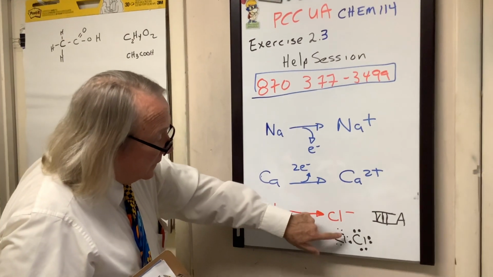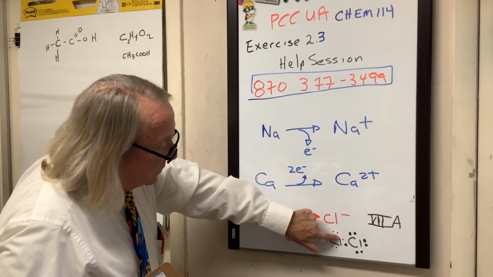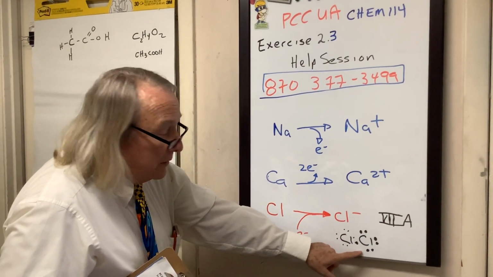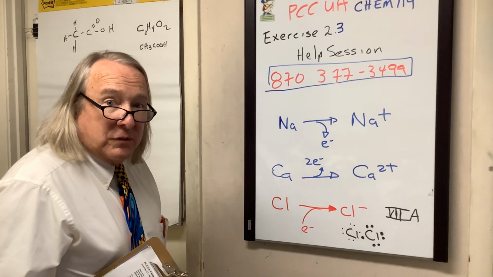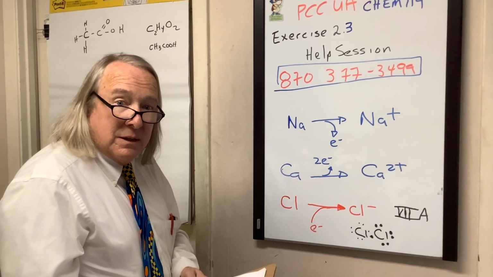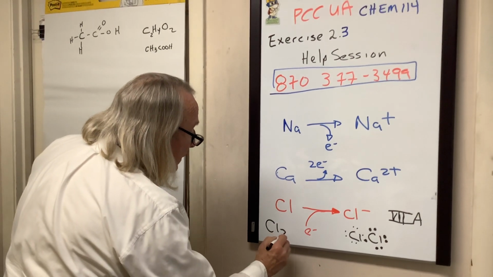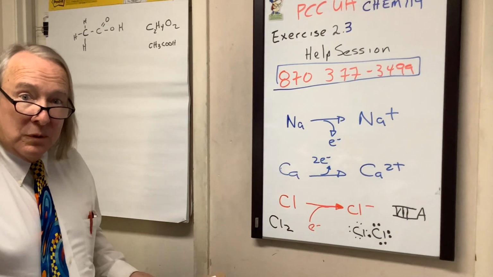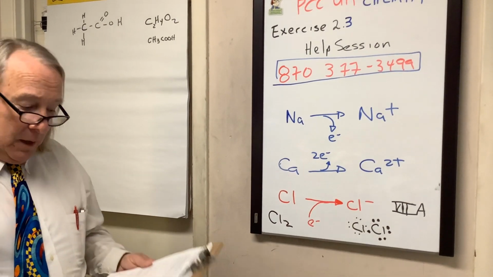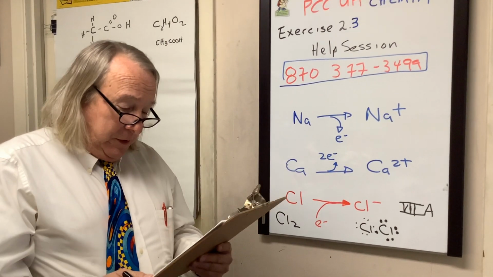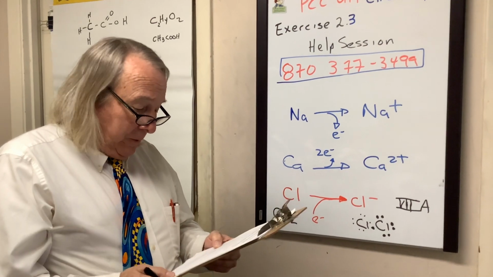You have 7. If we share a pair of electrons, we'll each have 8. And they form a bond. So in nature, chlorine is found as a gas, Cl2. And that's why. More information than you needed. Group 7A is your answer.